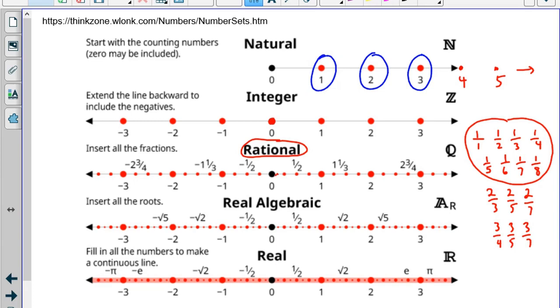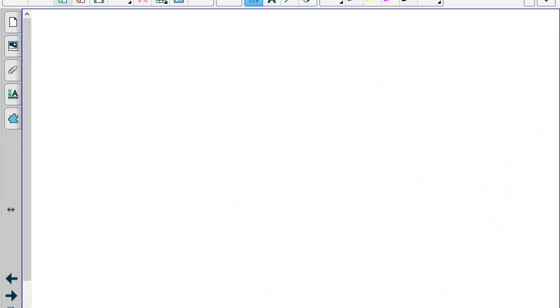Now, the next thing are going to be called algebraic numbers. We have not talked about those. There's one more distinction that we haven't talked about for real numbers, and that's between algebraic and transcendental.